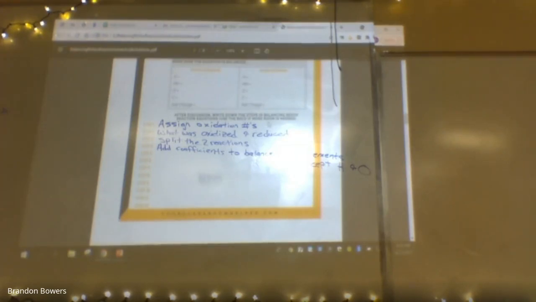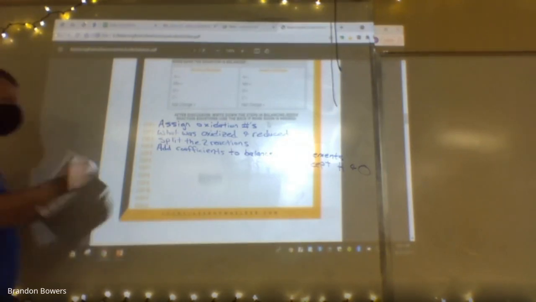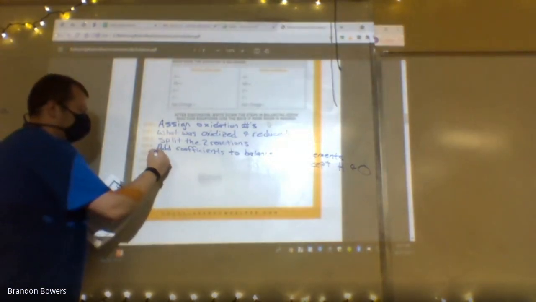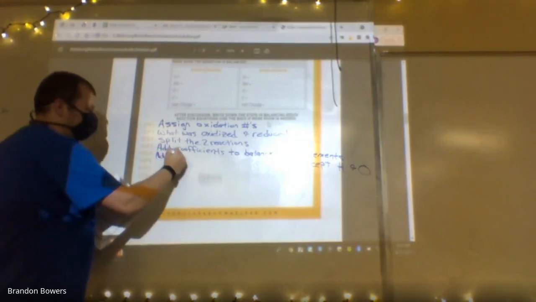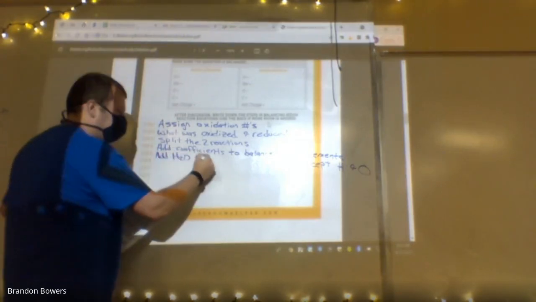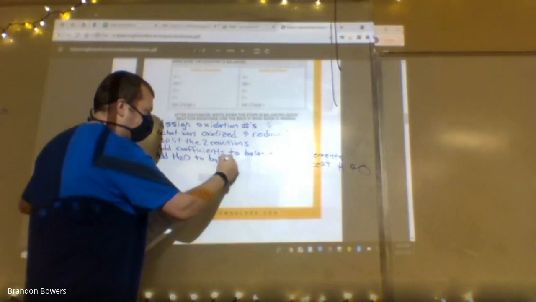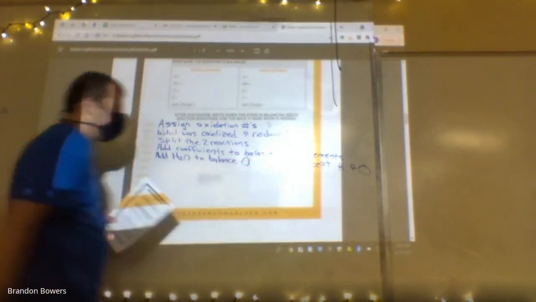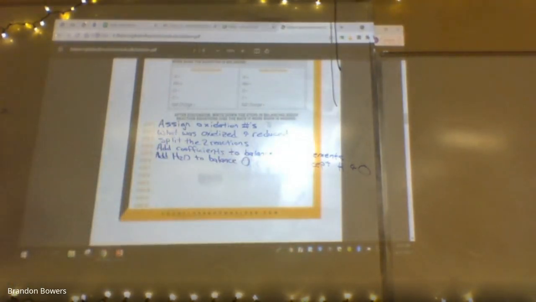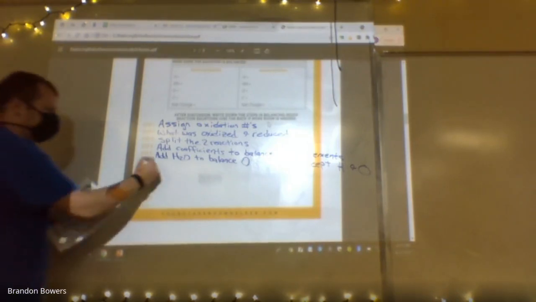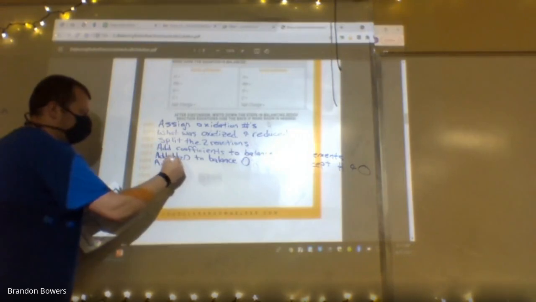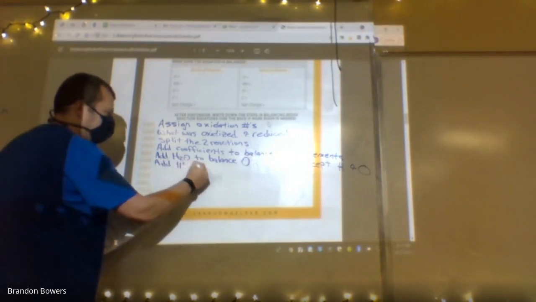What happened in step 5? We added water to balance oxygens. In step 6, we added H plus to balance hydrogens.